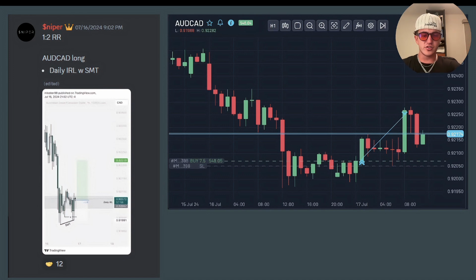And once you get the change in state of delivery, you can utilize that order block that tags the higher time frame key level, execute off of that order block, put your stop loss at the low, and TP at 1 to 2. Either close fully at 1 to 2, or you close 80% at 1 to 2 and leave 20% running risk-free to the external range targets.